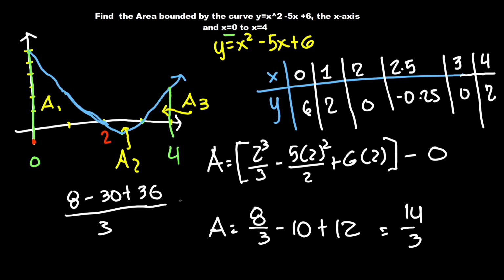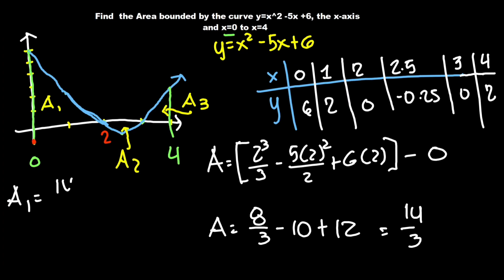So 6 plus 8 would be equal to 14 over 3. Yep, my calculation is correct. And so area sub 1 would be equal to 14 over 3 square units. This area right here is equal to 14 over 3.